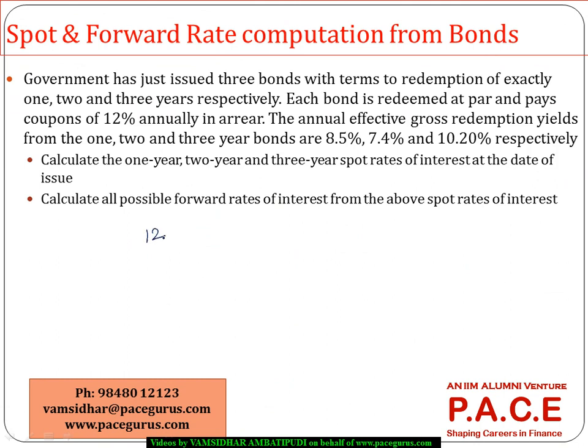The cash flows for a 3-year bond are 12, 12 and 112. All these three I will discount by 1.102, the gross redemption yield, to determine the price.